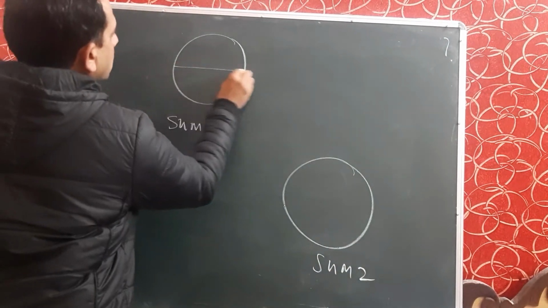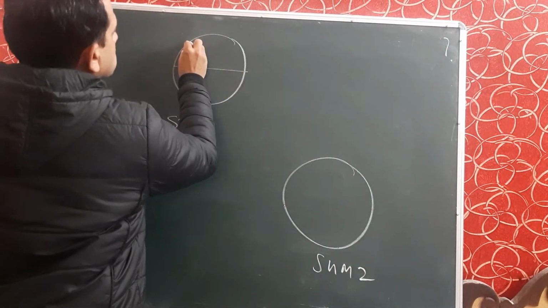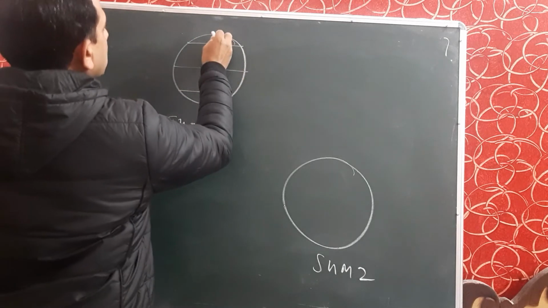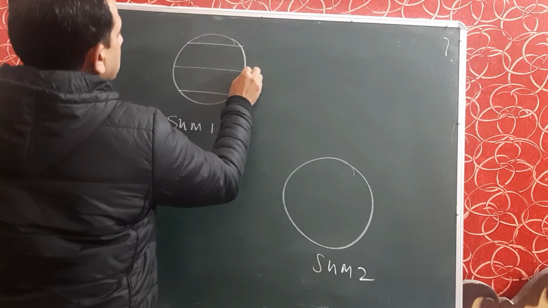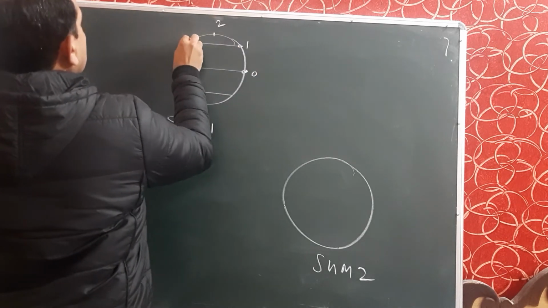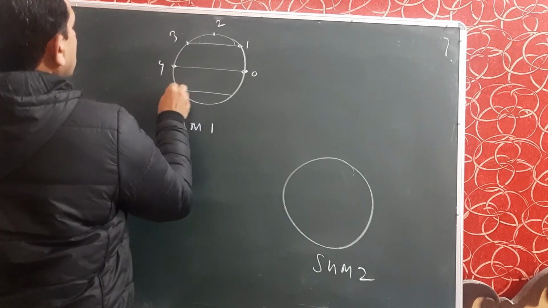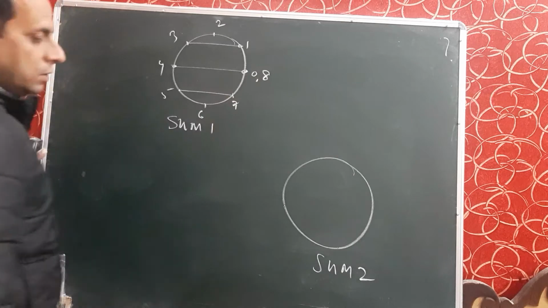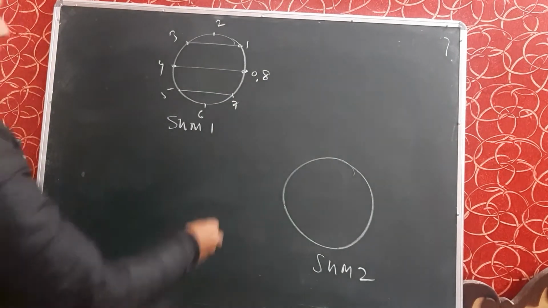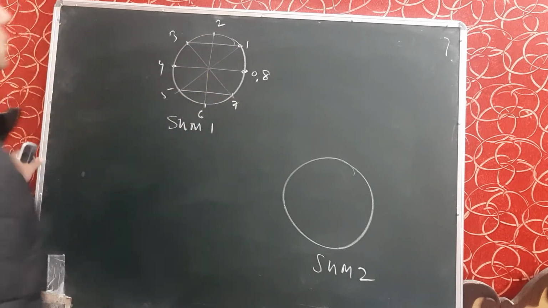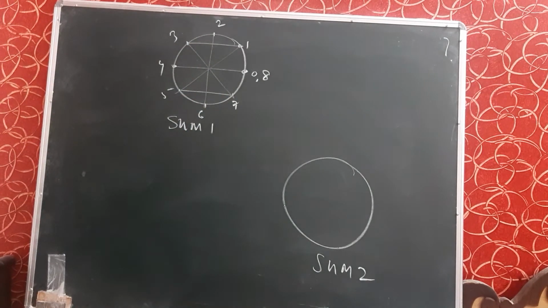In the first case, we will split this SHM into 8 parts like this: x 0, 1, 2, 3, 4, 5, 6, 7, and again 8. These are different parts, 8 parts. I split this whole SHM into 8 equal parts.